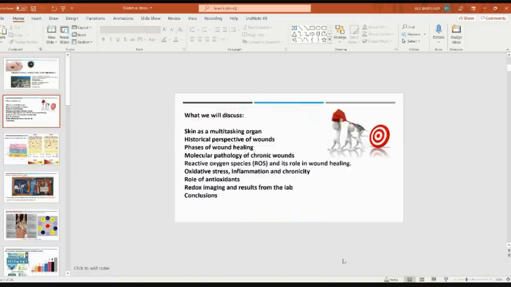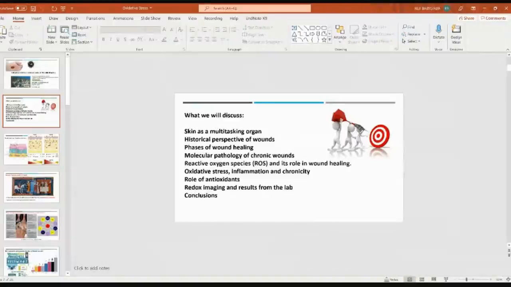So what are some of the plans that we have today? We'll be discussing some fundamentals to bring everyone to the same page, basically discussing some of the historical perspective of wounds. We all know that skin is a multitasking organ, so understanding some fine details of that as well.